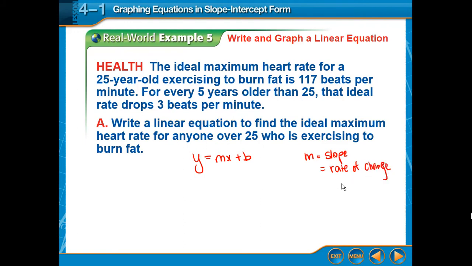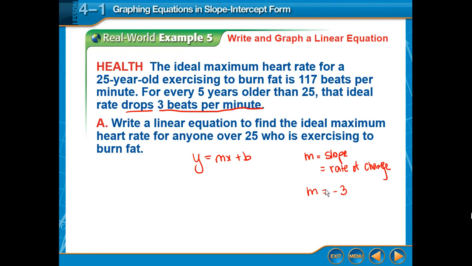So looking at the information we have, rate of change is going to be how much it's changing by. And here it says it's a rate. So whenever you see an amount per something, that's a rate. So 3 beats per minute, and it's dropping. So we can say that our m, in this case, is going to be -3. Drop means it's decreasing, so decreasing by 3 beats per minute.